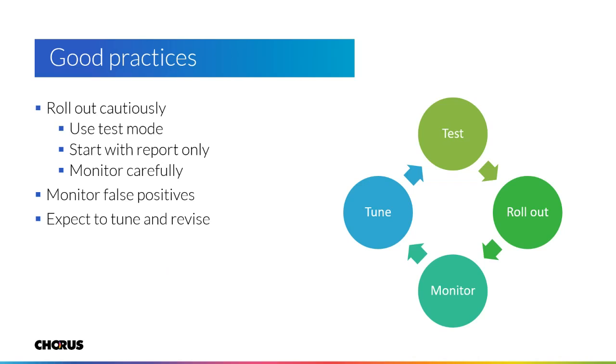So general advice is to proceed with caution. Start with test mode, start with reporting only, monitor it carefully, tune it as you go, monitor false positives. And it's something that you should expect to visit fairly regularly, and just make sure it's doing exactly what you want it to do.